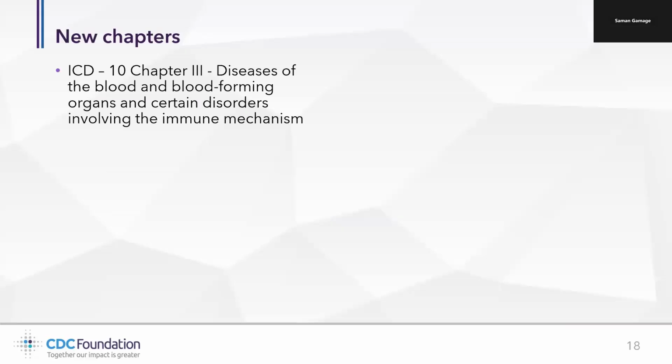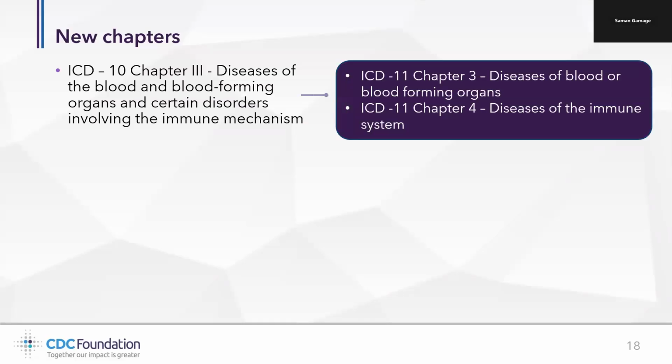Talking about new chapters, ICD-10 chapter 3, diseases of the blood and blood forming organs and certain disorders involving the immune mechanism, is split into two. We have chapter 3 in ICD-11 for diseases of the blood or blood forming organs, and chapter 4 of ICD-11 for diseases of the immune system.